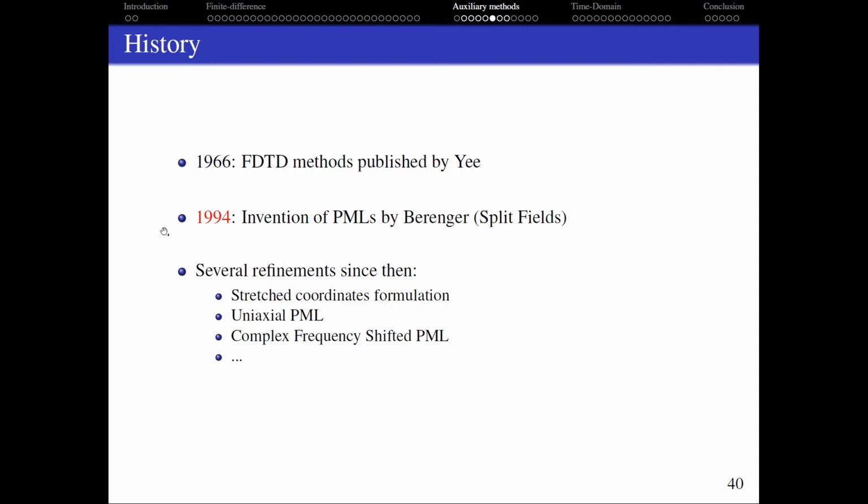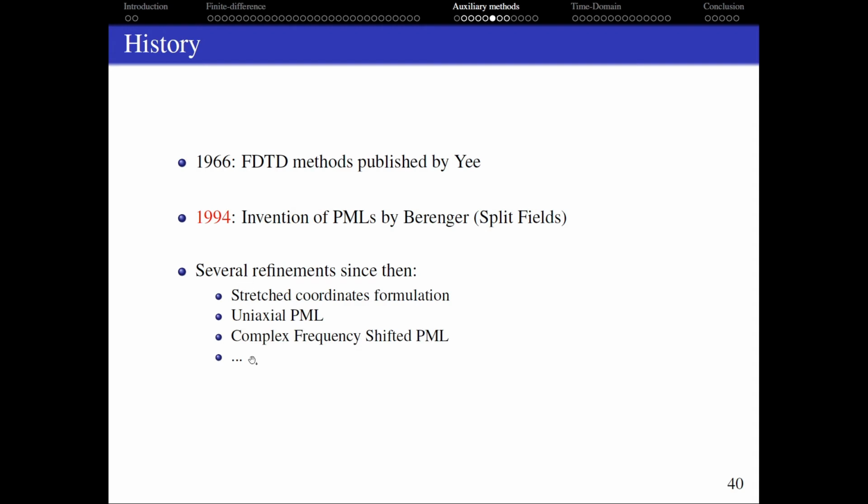And this concept of PML has actually been applied to other fields of computational physics. I've seen this in methods that were not concerned with electromagnetic fields. And since then, there have been some refinements. So there are the stretch coordinates formulation, the uniaxial PMLs, the shifted PMLs in the complex plane.